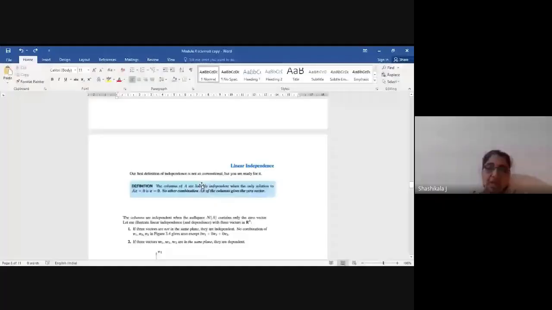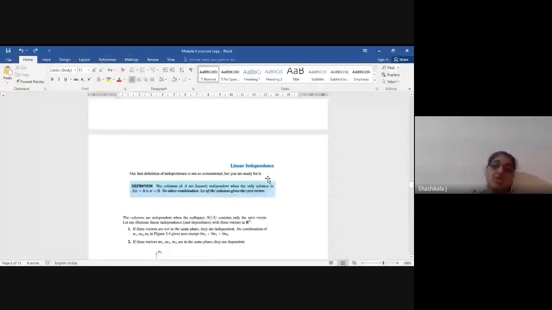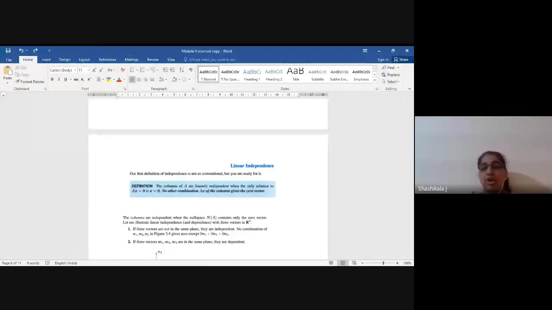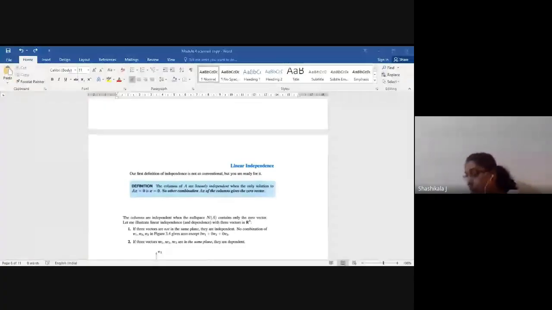And they have given the definition: the columns of A are linearly independent when the only solution x to Ax equals 0 is x equal to 0. No other combination of the columns gives the 0 vector. That means if you take the example of 1, 2 and 2, 4, then what happens?